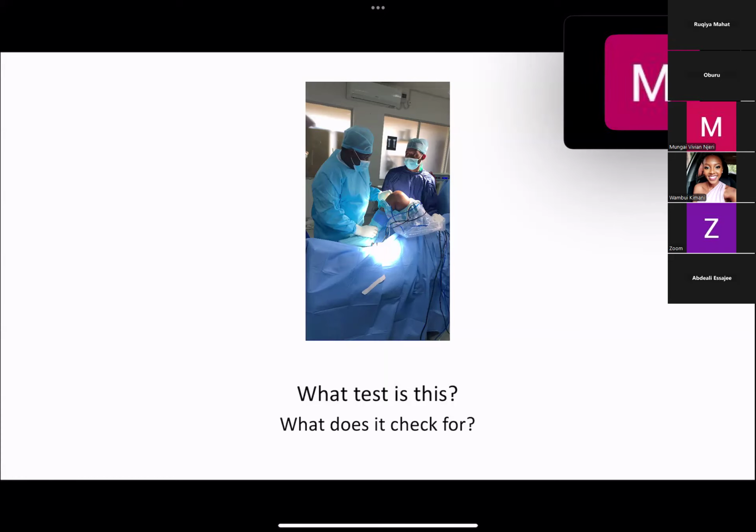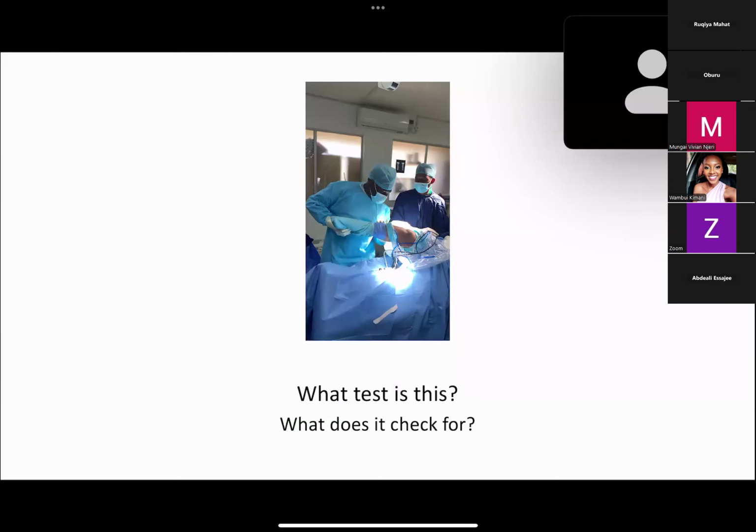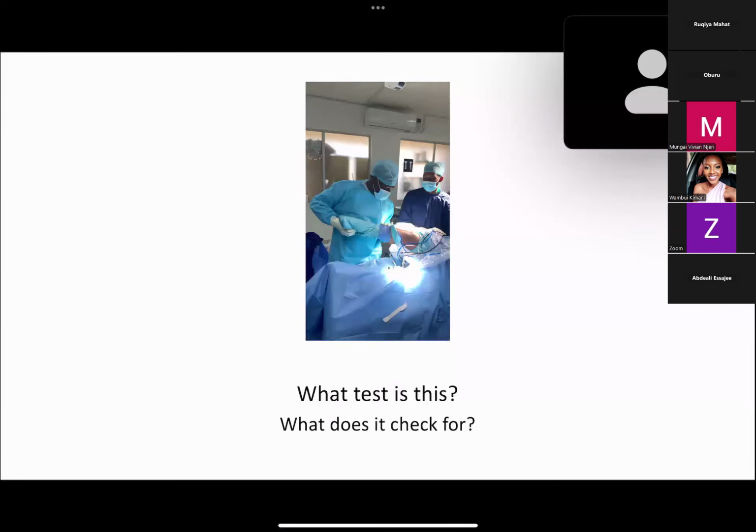Yes, well, you put a valgus stress a bit, but that's not quite what it is. Is it a pivot test? This is a pivot shift test, okay? And what I'm checking for is the ACL. Is the ACL injured or is it not? We're about to repair the ACL, okay?